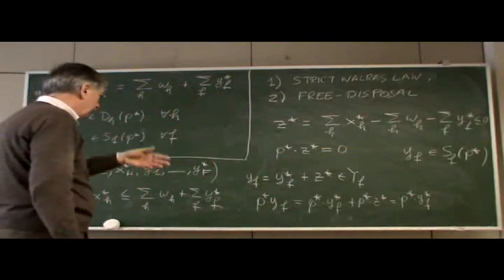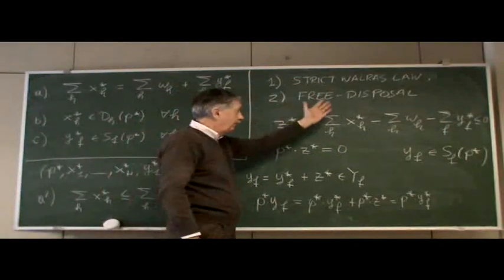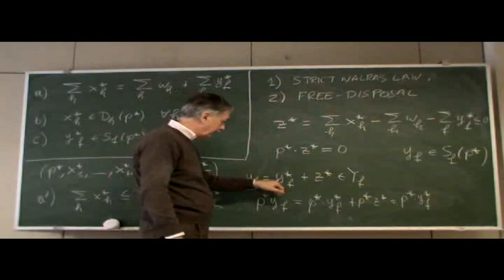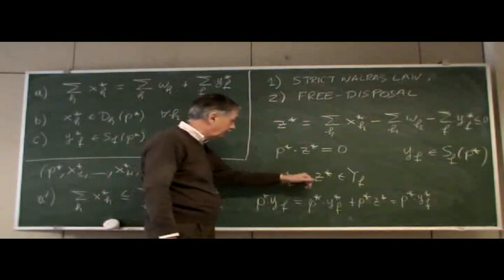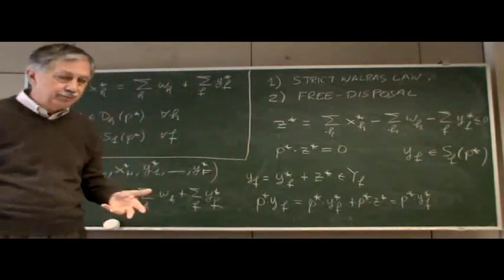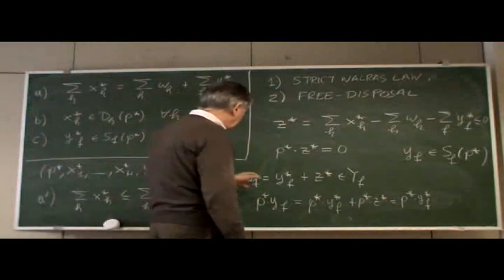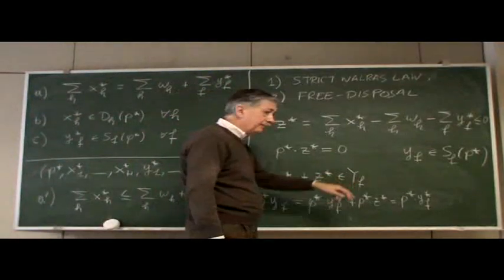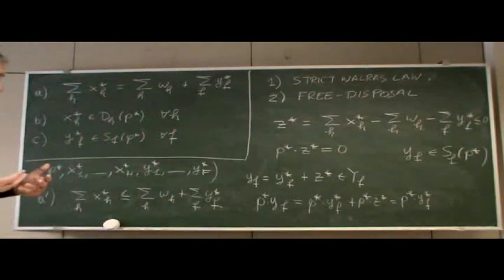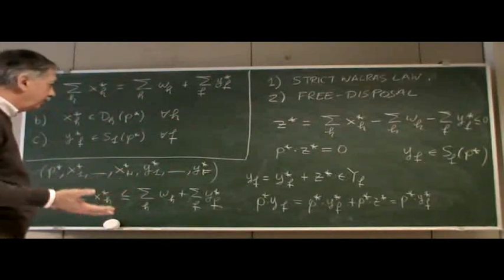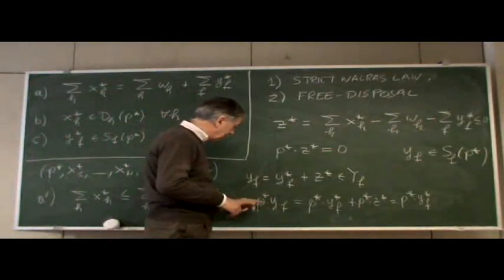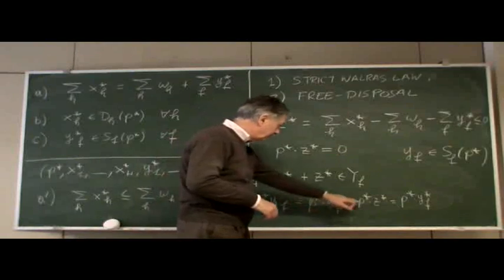Now consider the firm, the F firm, which has the free disposal technology. And consider the vector YF, which is equal to the optimal vector Y star F plus this vector Z star. But Z star has all non-positive components. So by free disposal, this vector YF is another element of large YF. Is another technical process for the firm F. Its value, by multiplying by P star YF, you obtain this result.